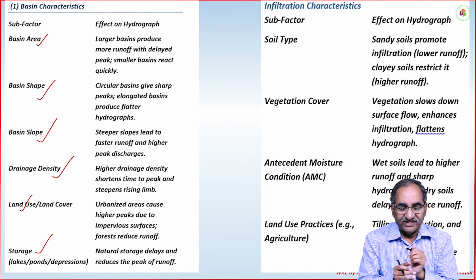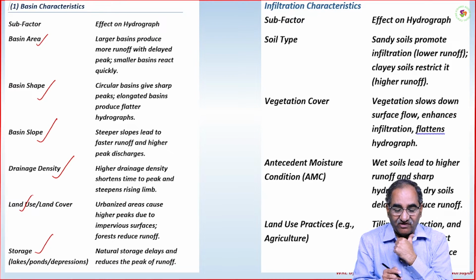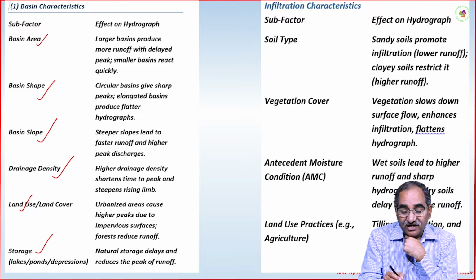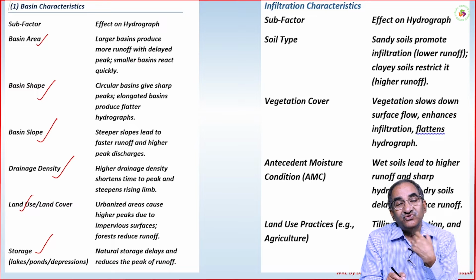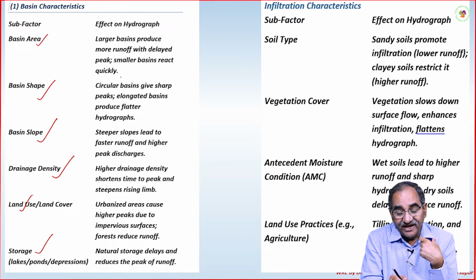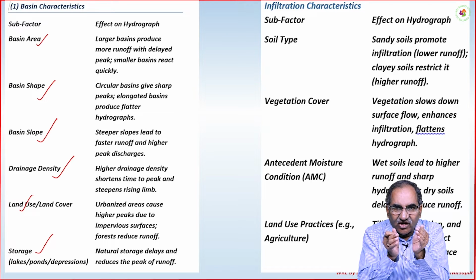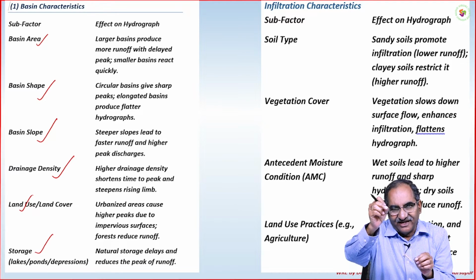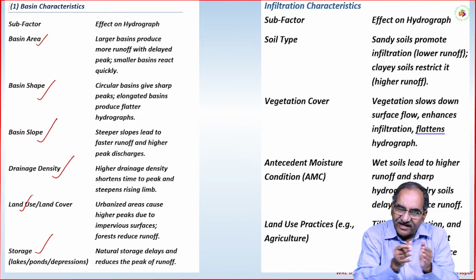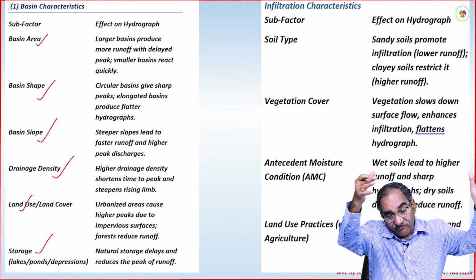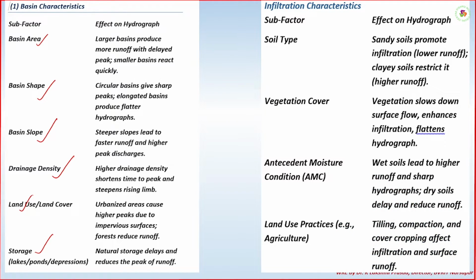How do these characteristics affect the hydrograph? For example, basin area. Larger basins produce more runoff with a delayed peak. That means if the basin area is small, the peak is reached very quickly. Whereas if the basin area is large, naturally water from all the areas has to reach the outlet. As I mentioned in the last class, suppose this is the basin, this is the catchment area.